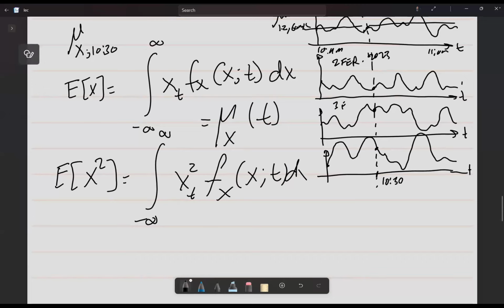So this will give you the expected value of the square, but it will be a function of time. And also the variance will be a function of time. So everything will be a function of time, because now the random process is a random variable changing with time.